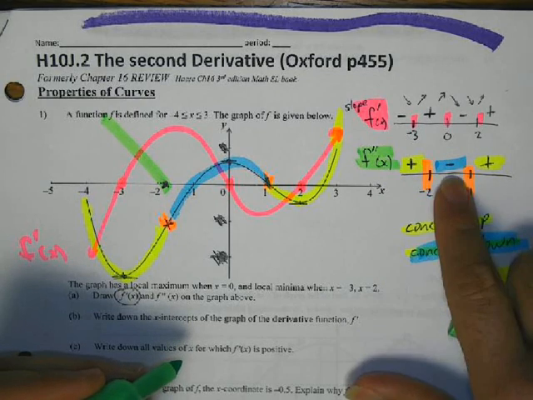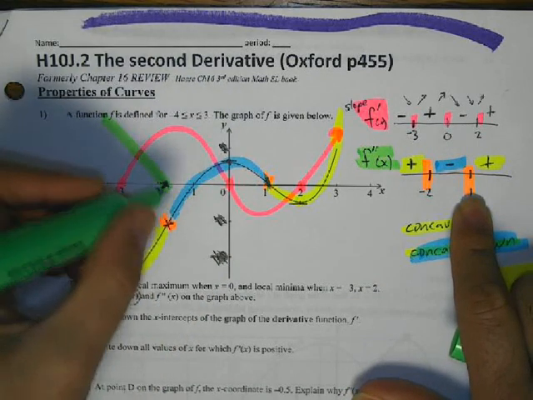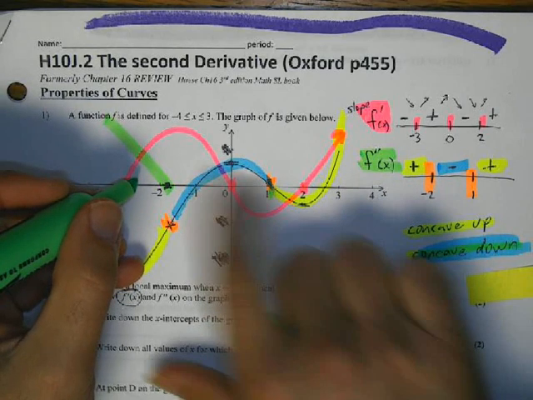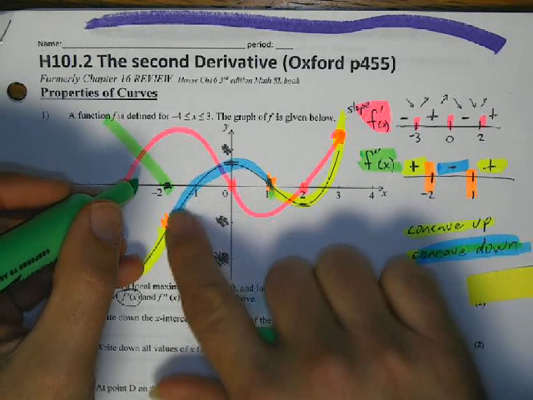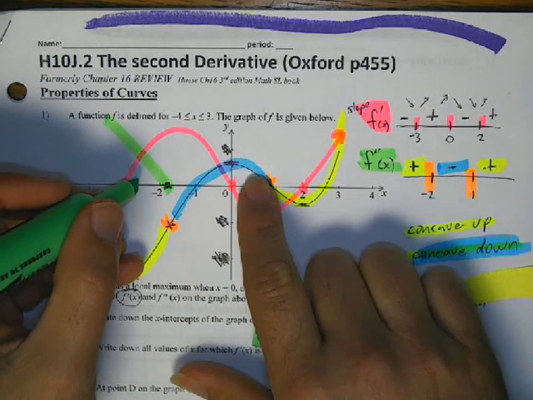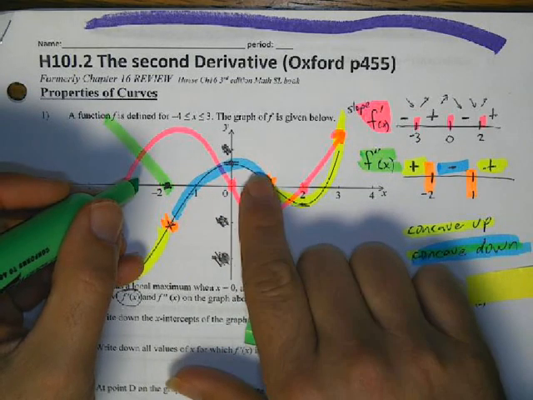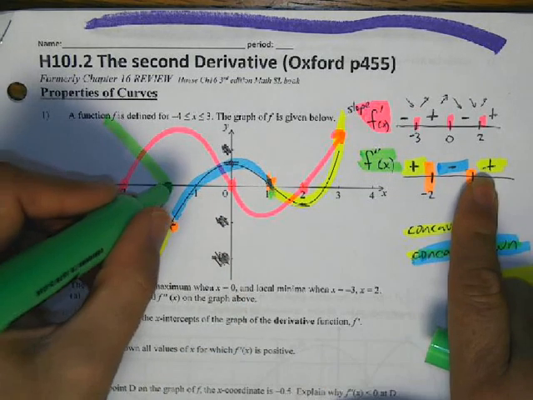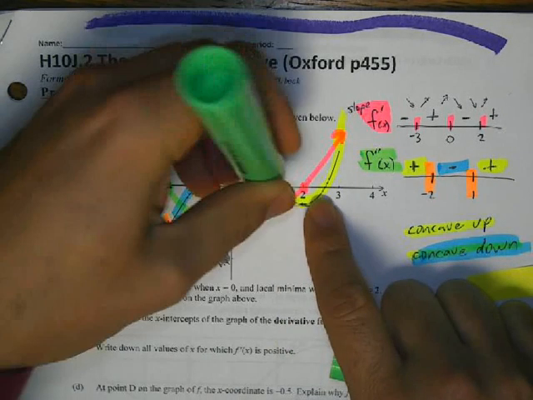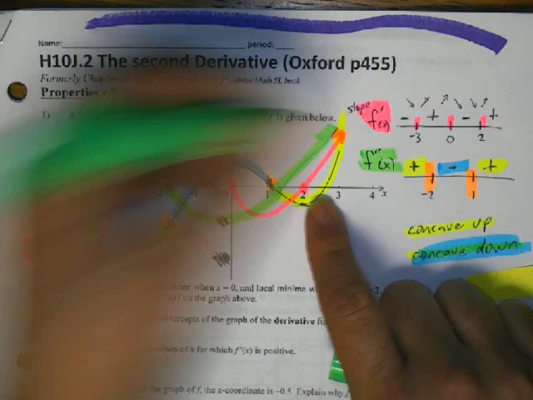Then between -2 and 1, the second derivative is negative because it's below the x-axis, because the slope keeps getting less and less. Then here we have concave up, so it continues to get positive. Okay, so this is the graph of the second derivative.